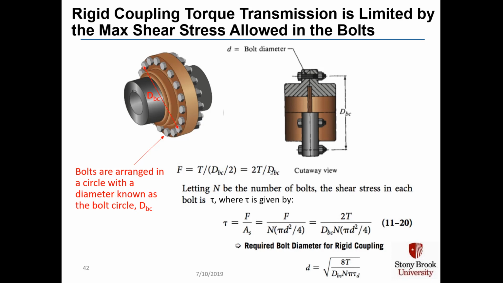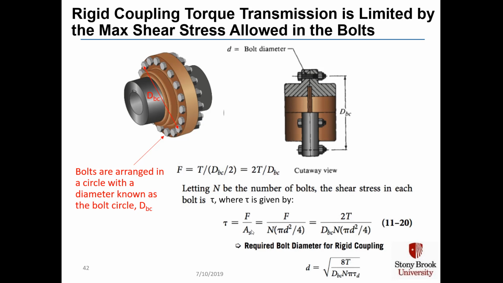And if n is the number of bolts, the shear stress in each bolt is tau, where tau is the force divided by the shear area A sub s, which is F divided by n, the number of bolts, times the shear area per bolt, pi d squared over 4.